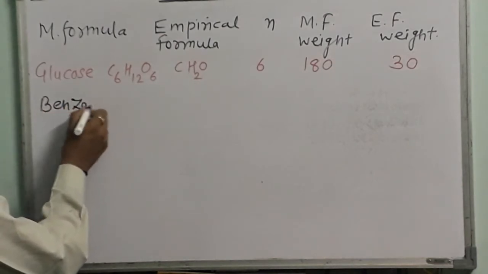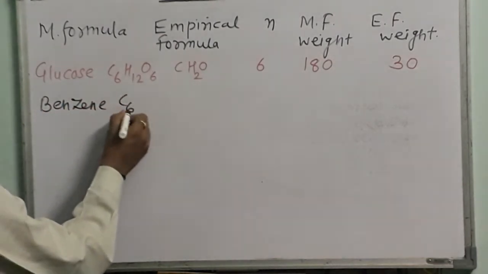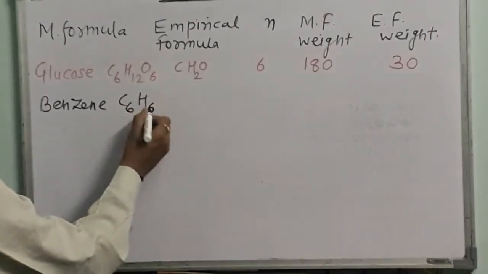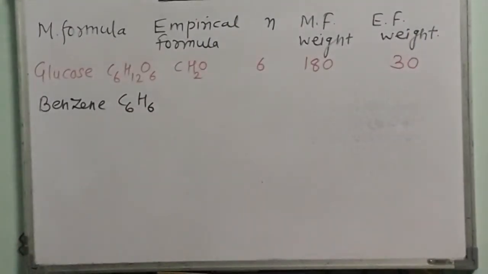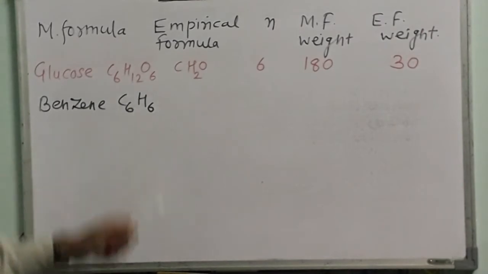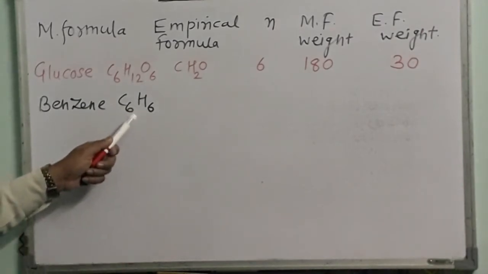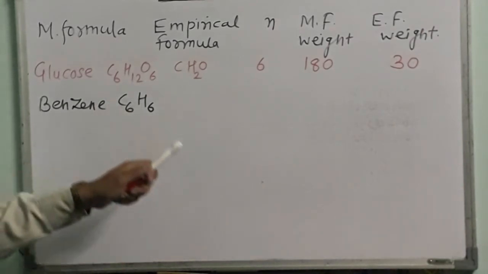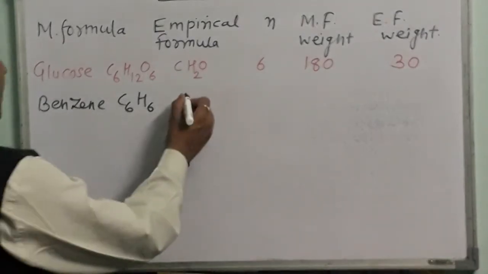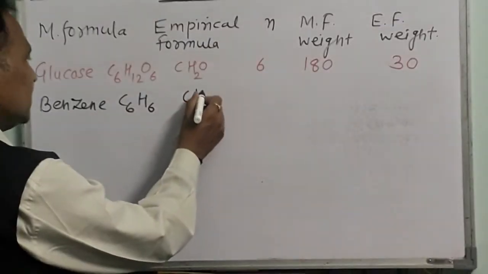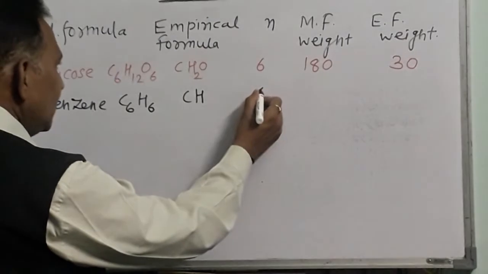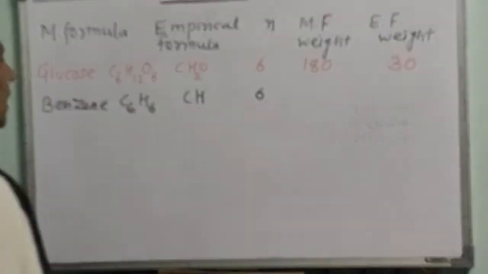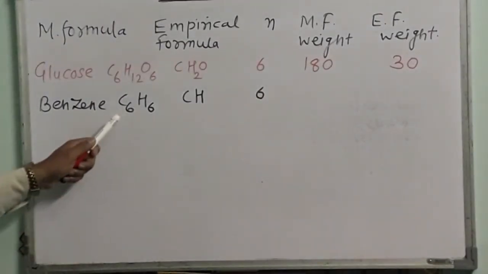Now benzene, I will write the next example. The formula of benzene is C6H6. तो दोस्तों यहाँ पर both the atoms are present in 6 number. So both the numbers can be divided by 6, and therefore you will get empirical formula as CH. The value of N here also will be 6. Now what is the molecular formula weight?